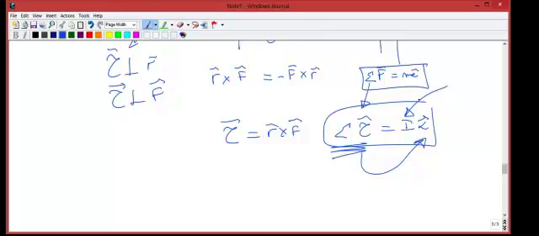A torque creates an angular acceleration, the same way as a force creates a linear acceleration. In layman's terms, a torque creates a rotation. But remember, this rotation needs to be accelerated.